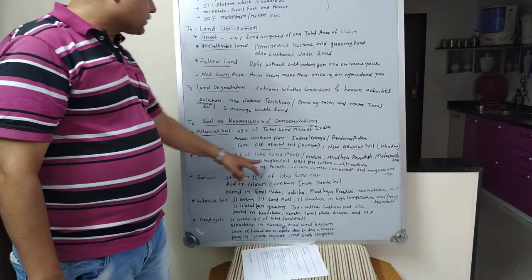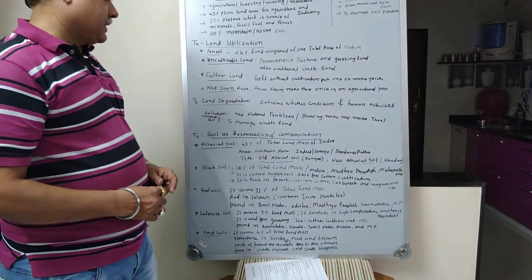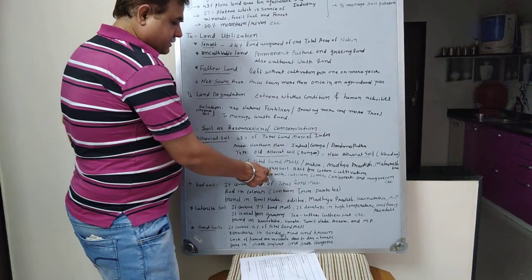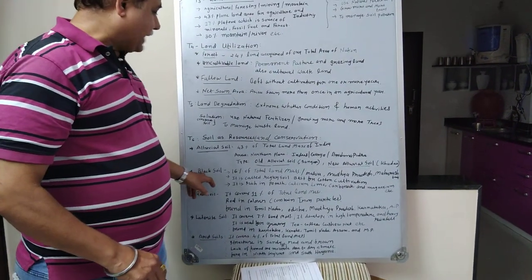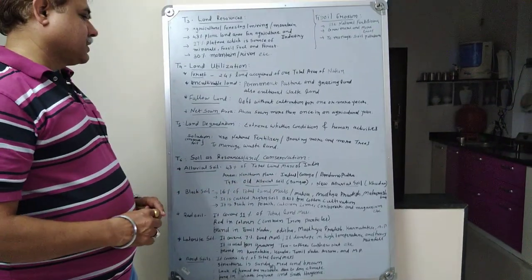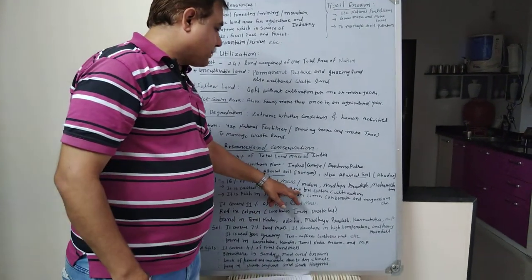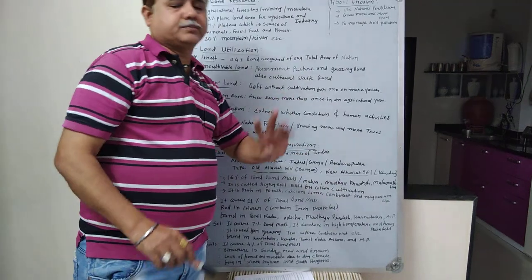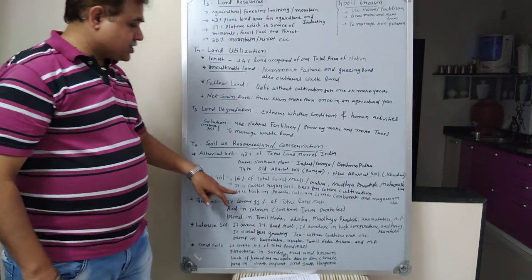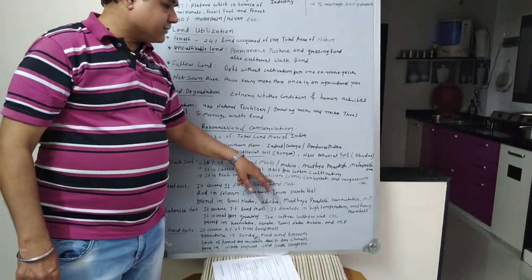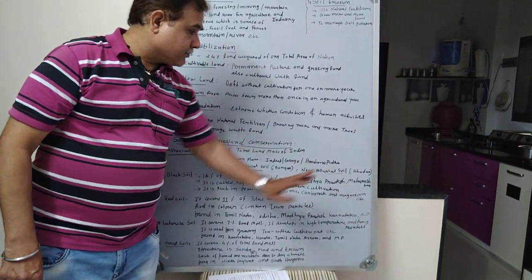Friends, black soil is called Regur soil. Remember, this is important for your examination. The other name of black soil is Regur soil. It is also best for cultivating cotton. It is rich in potash, calcium carbonate and manganese.